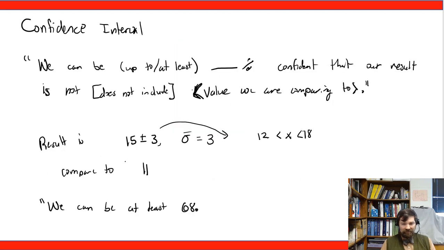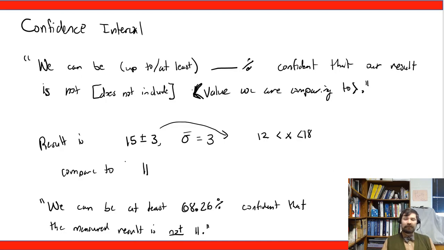So we can be at least 68.26% confident that the measured result is not 11. Okay, and that 11 may be, for example, our theoretical result, in which case maybe our theory is off, or maybe we have some sort of systematic error present and not just random error.